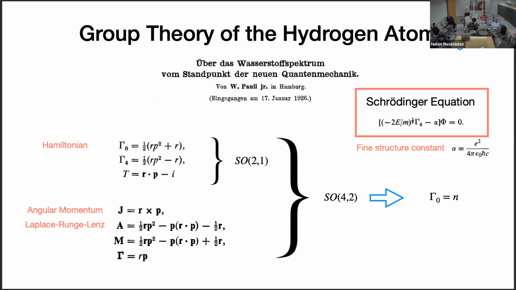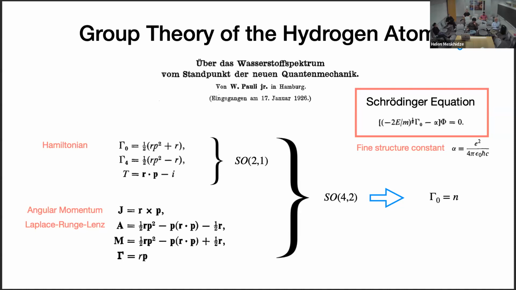Now, I think that Alfredo will talk more about the Kepler problem and the Laplace-Runge-Lenz vector in his talk, so I don't want to spend too much time on this. I will just say that this set of operators, the Hamiltonian and the 6 conserved charges, span a larger group.